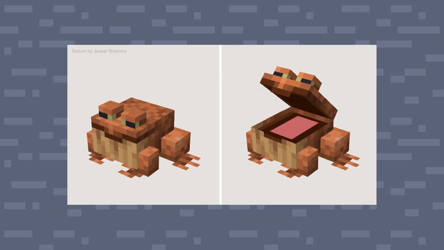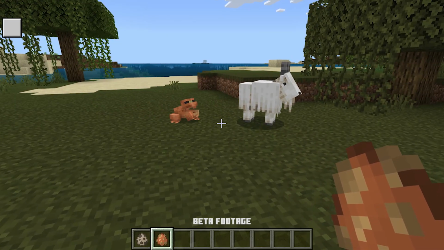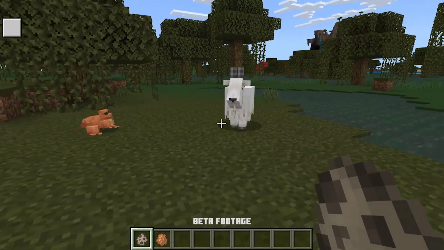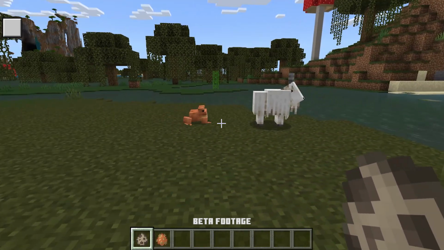We also had to make the mouth very big, because we didn't know what it was going to eat yet, and if it was going to eat bees, the mouth needed to be really big. There was a funny bug though in one of the snapshots where it would eat goats all the time, but it would have made sense because the mouth is big enough to eat an entire goat. The goat-eating frog was so funny.